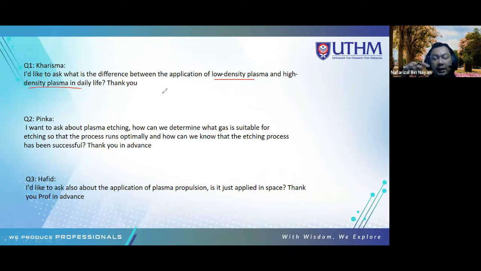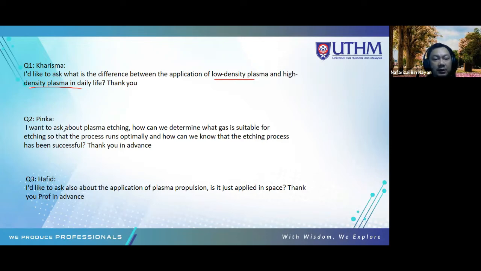The low density is the most that we use in the lab or the microelectronic fabrication, and the high density is the one that we are not likely to have in the lab, but sometimes we also have that type. I will show the example later.